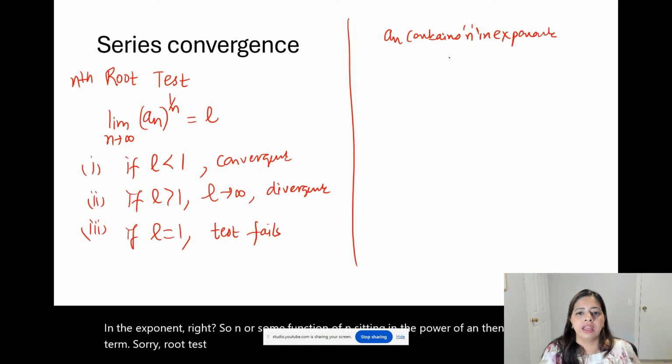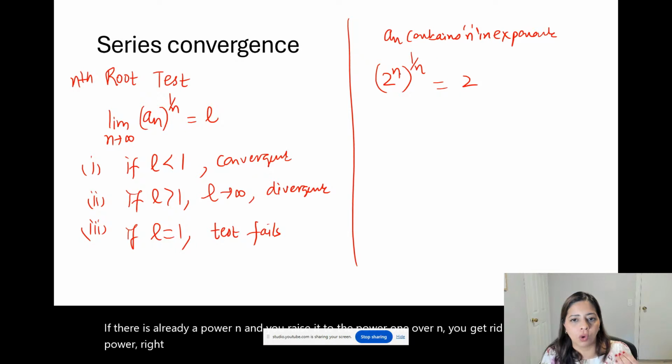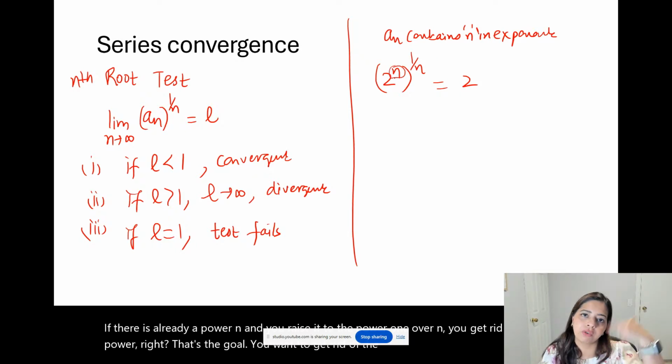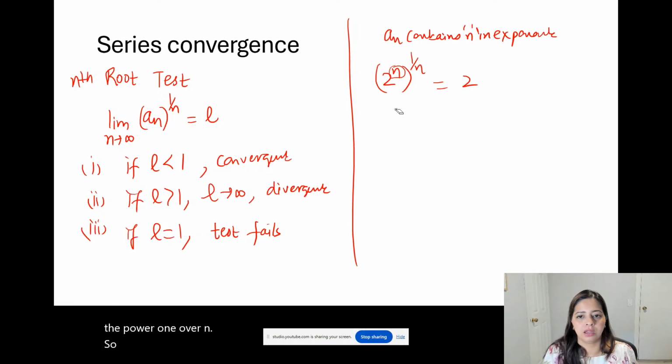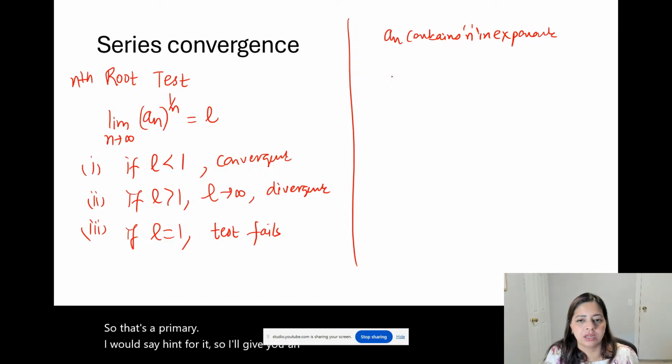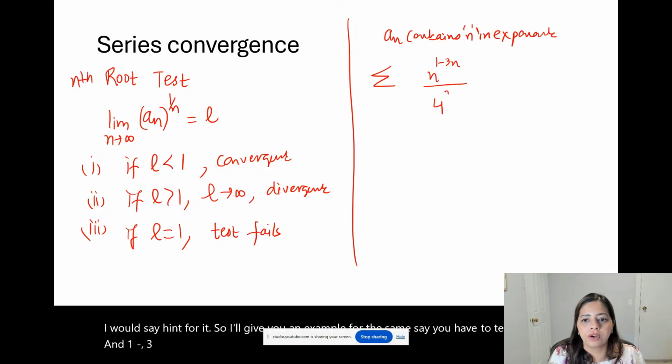Because if there's already a power n and you raise it to the power 1 over n, you get rid of the power. That's the goal: you want to get rid of the power, so to balance that, raise it to the power 1 over n. That's a primary hint for it. So I'll give you an example. Say you have to test the series sum from n equals 0 to infinity of n^(1-3n) over 4^(2n).